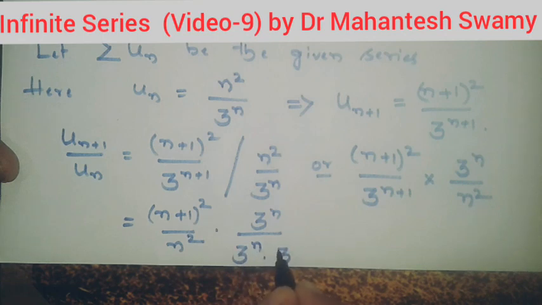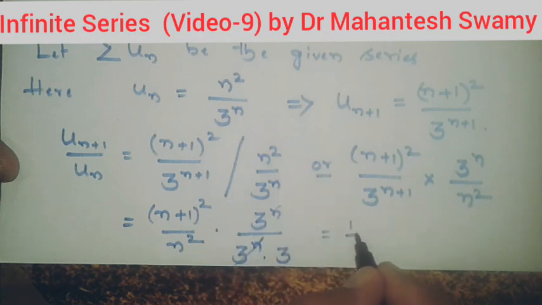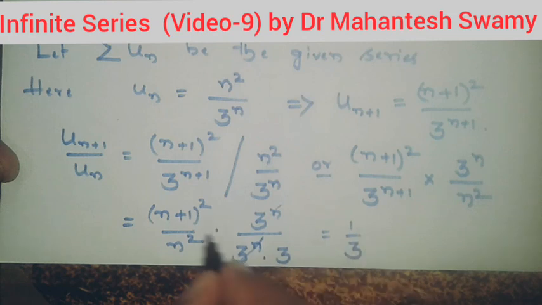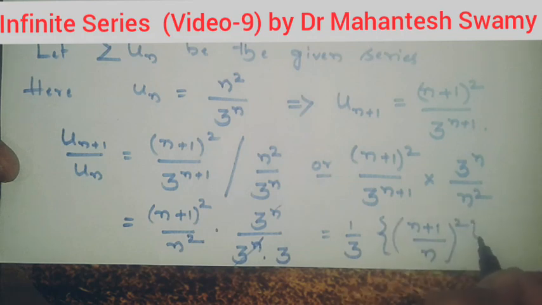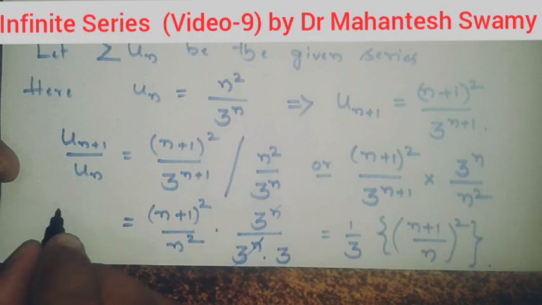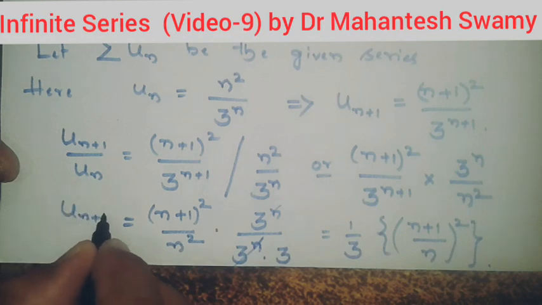So by the properties of indices we can write like this. Now 3 to the power n, 3 to the power n cancels, so only 1 by 3 remains outside. In the bracket we shall take n plus 1 divided by n and whole square of that. So this is un plus 1 divided by un.